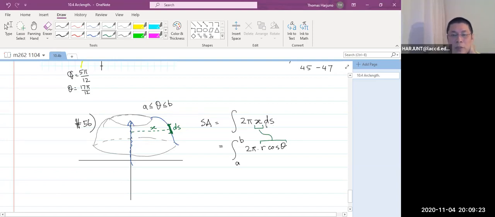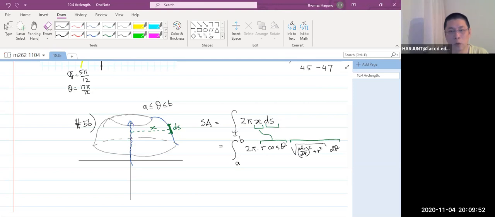And then the ds becomes the square root of (dr d theta) squared plus r squared d theta. Okay, that's the formula for surface area if you rotate with respect to the y-axis.